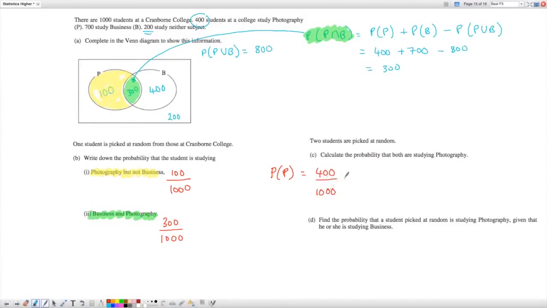Now we pick this student, so there are only 399 out of 999. So our total probability, here we can see by multiplying across, we have 0.159759759. So rounding there to 0.16.